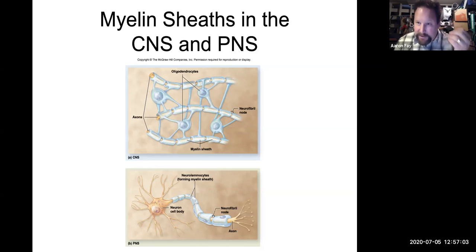By looking at the neurons, you can't tell if you're, in this particular example, in the CNS or PNS. But you can tell by looking at the glial cells. One cell myelinating multiple sections on multiple axons can only be an oligodendrocyte, which can only be in the central nervous system. Down here, one glial cell myelinating one small section of one axon can only be a neurolemmocyte and can only be in the peripheral nervous system.